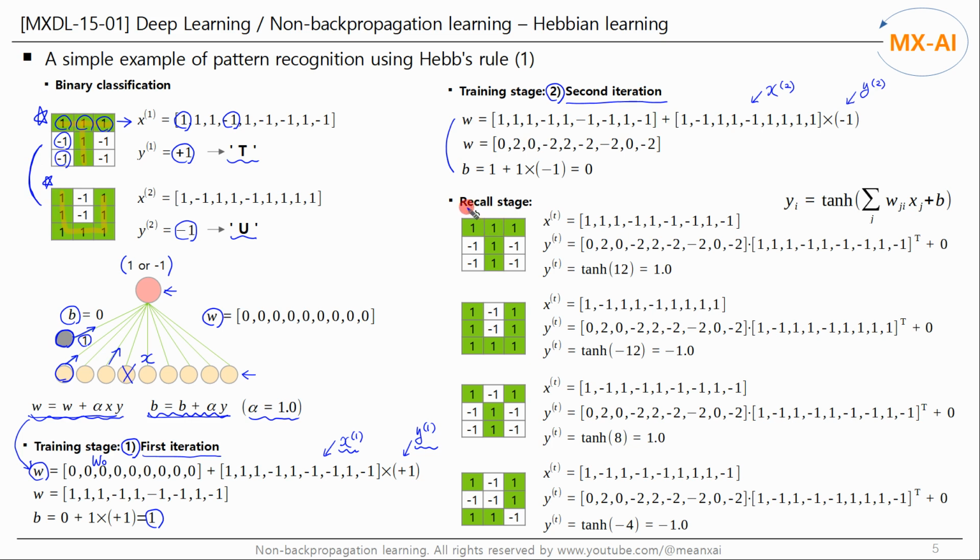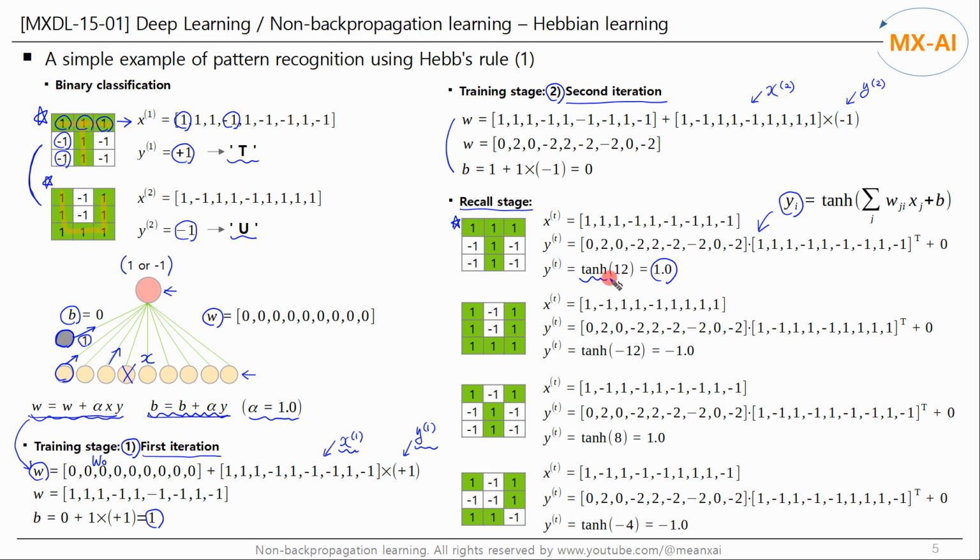Next, let's recall the pattern stored in the neural network. This is identical to the prediction process in a typical feed-forward network. Let's input this image into the neural network. If we use this formula to calculate the y value, we get 1.0.